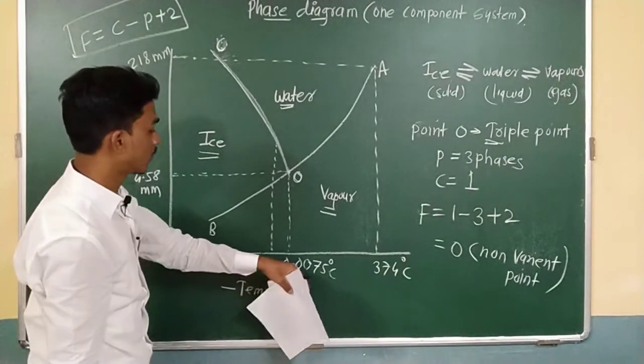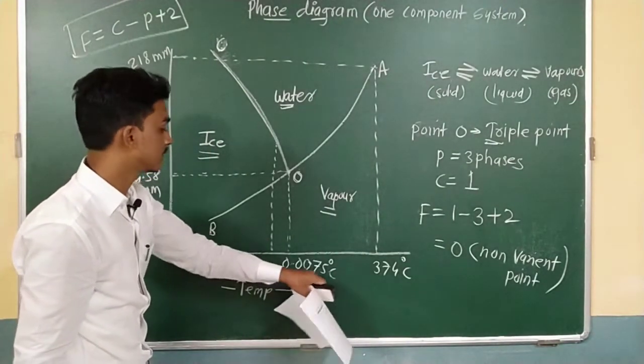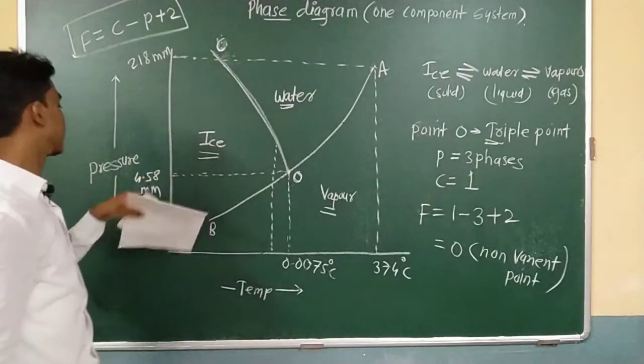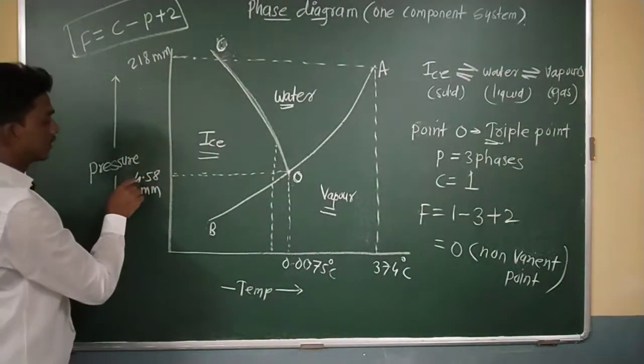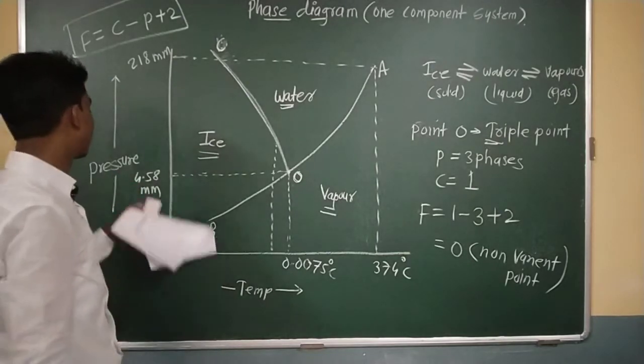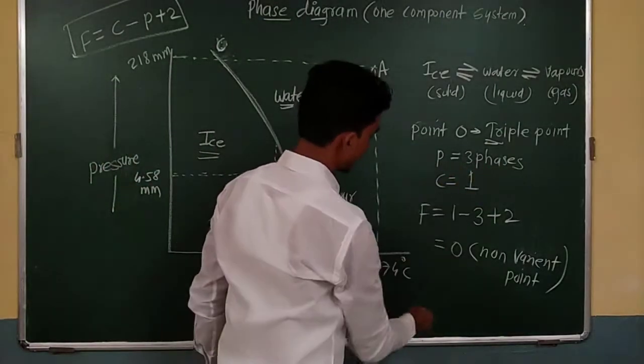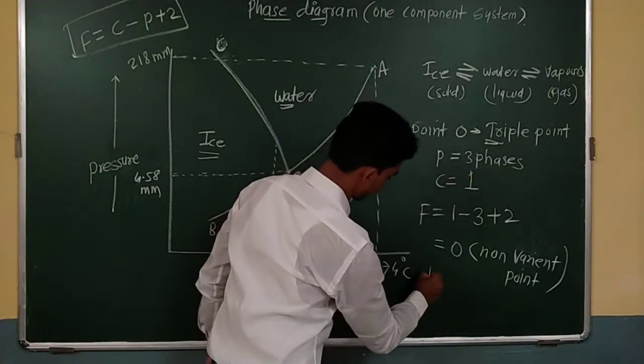At the triple point, what is the temperature? It is 0.0075 degrees Celsius, and the pressure of the system is 4.58 mm.